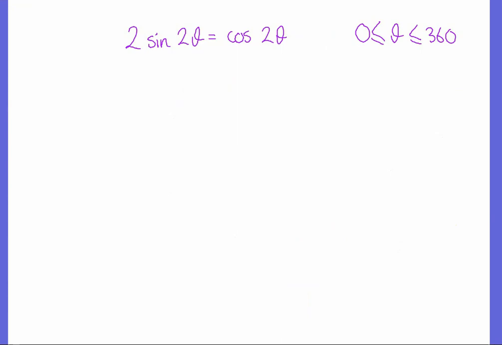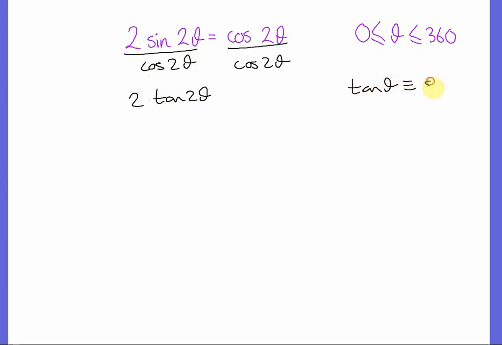So if I can divide everything by cos 2 theta, right, so every side by cos 2 theta, I'm going to get 2 tan 2 theta, because remember tan theta is identically equal to sine theta over cos theta, and as long as that angle is the same, it doesn't really matter the fact that there's a scalar, a stretch, and that's equal to 1. So tan 2 theta is equal to a half.